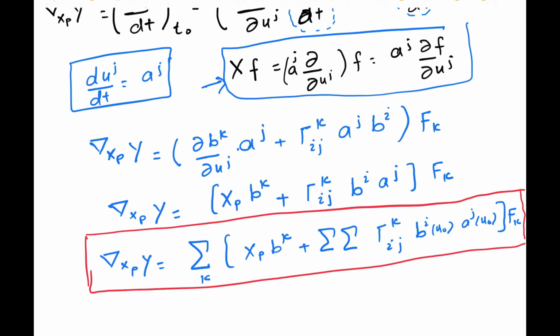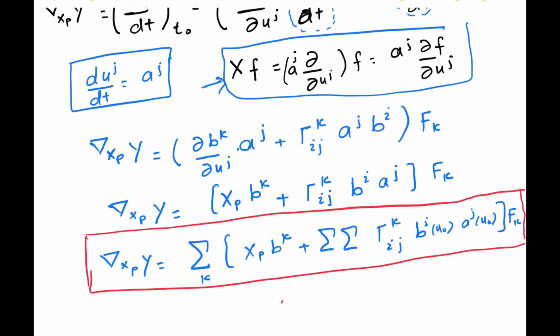This is the formula that we have. So what is the difference between this formula and the previous formula? In this formula, we need to specify only a single vector at a point in the tangent space.